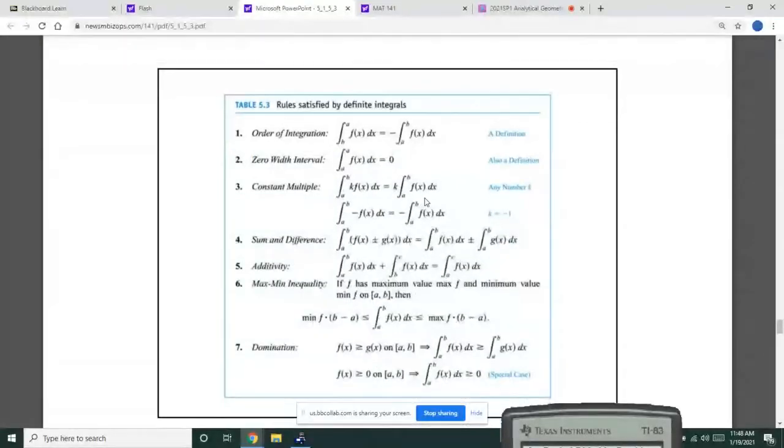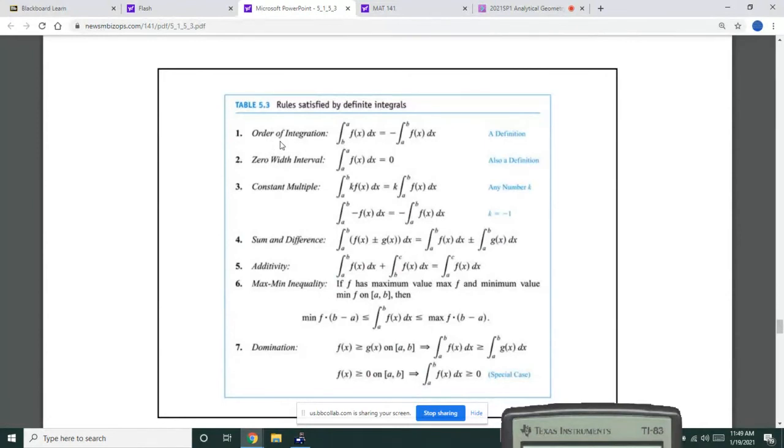Okay, and the last thing we're going to do for today, we'll take a look at some properties for integrals. So if I go back to some of the properties or the rules for definite integrals, here's some basic rules.